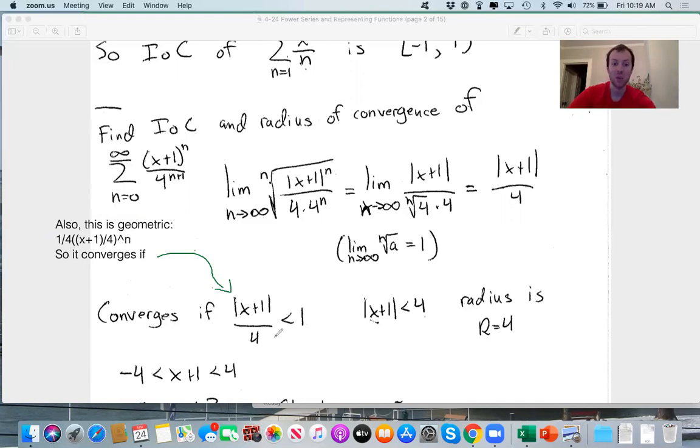And that's exactly what this inequality says. But even further, we know that geometric series never converge when r equals 1.